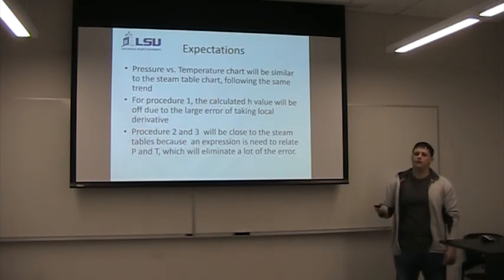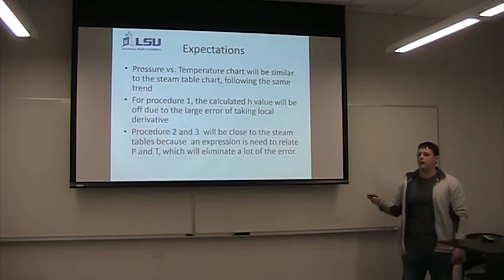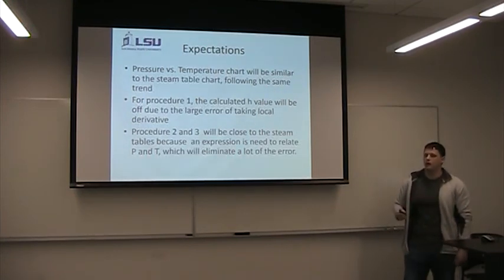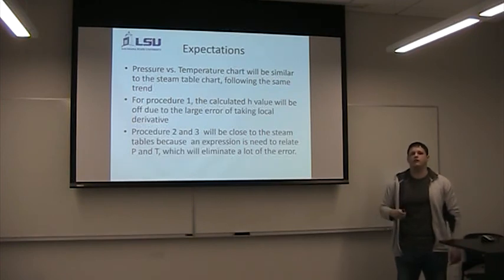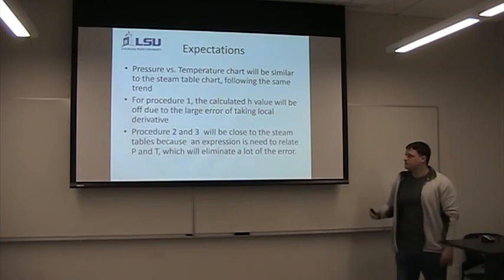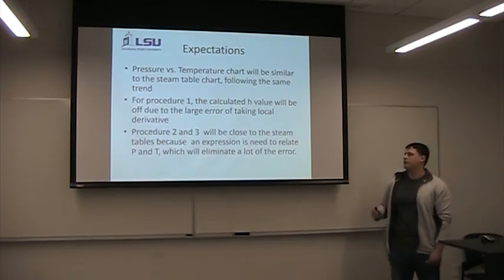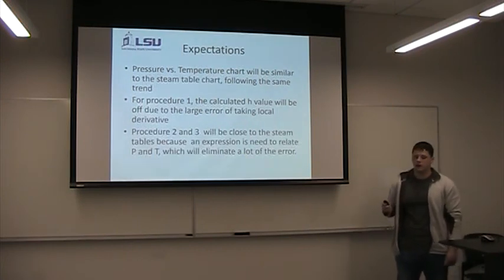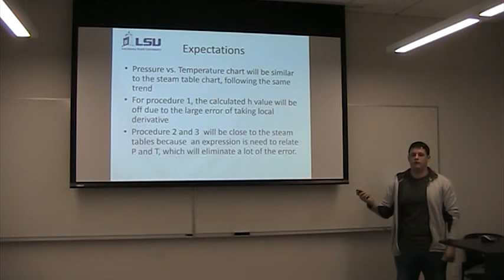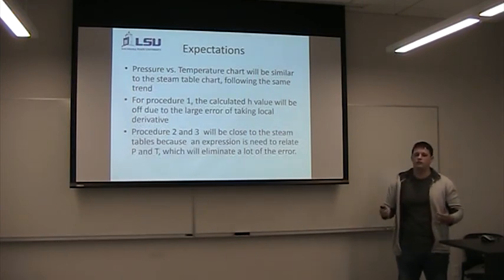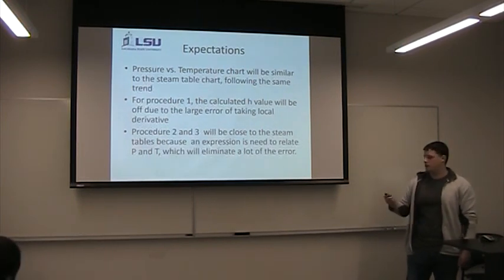For procedure 1, we have to do the same thing again, but I believe we're going to have a high amount of error since we're taking the local derivative, and that's simply because of the high error that comes with localized derivatives. And then for procedures 2 and 3, I believe that we're going to get extremely close to the actual data because we are correcting that localized derivative by writing an equation for pressures and temperatures, which will eliminate that error. Any questions?